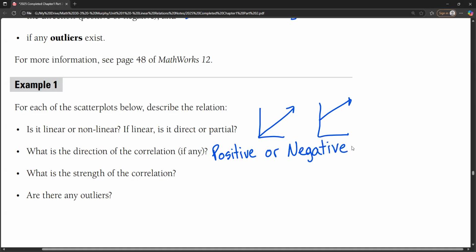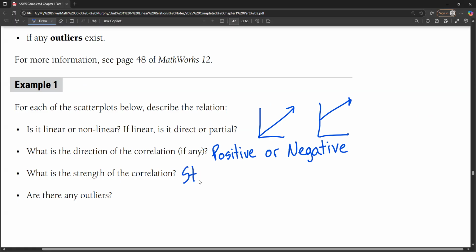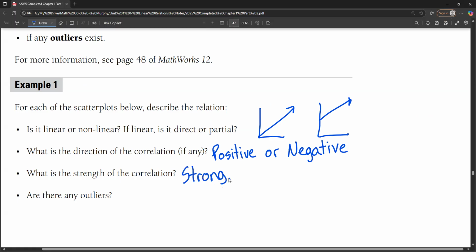And what is the strength: strong, moderate, or weak? And are there any outliers?